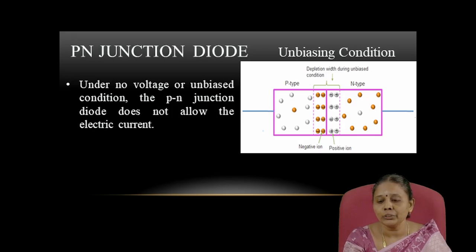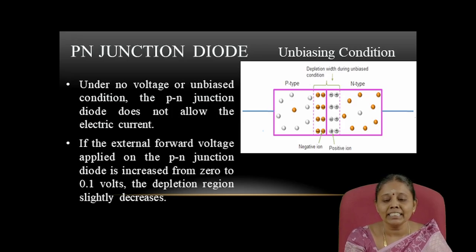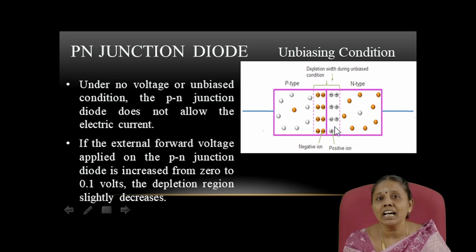Here no biasing takes place. This type of condition is referred to as the unbiased condition. If the external forward voltage applied on this PN junction is increased from 0 to 0.1 volt, the depletion region only slightly decreases. Therefore, not much current flows through the device.